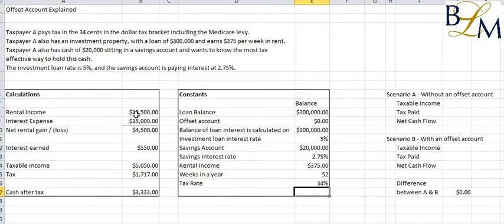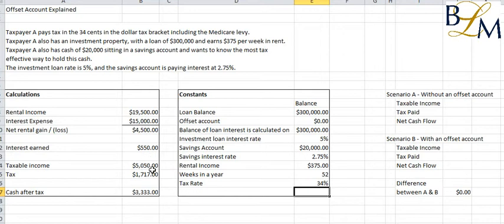So in scenario A, we can see that the rental property is earning income of $19,500 per annum. The interest expense on $300,000 is currently $15,000 per annum, which gives taxpayer A a net rental gain of $4,500. The interest earned on their $20,000 in the savings account is $550. So in this scenario, the other taxable income is $5,050.